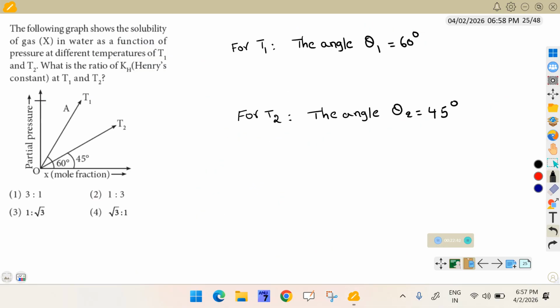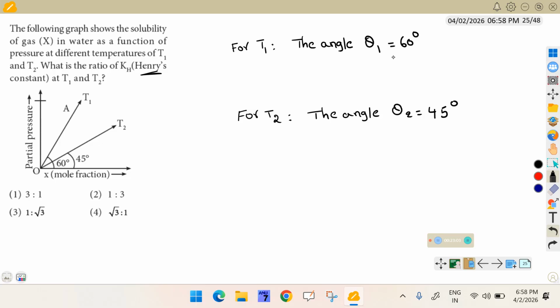The following graph shows the solubility of a gas in water as a function of pressure at different temperatures T1 and T2. What is the ratio of KH? This is based on Henry's law. At temperature T1, theta is given as 60 degrees.